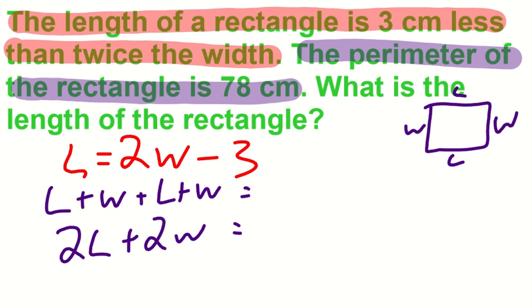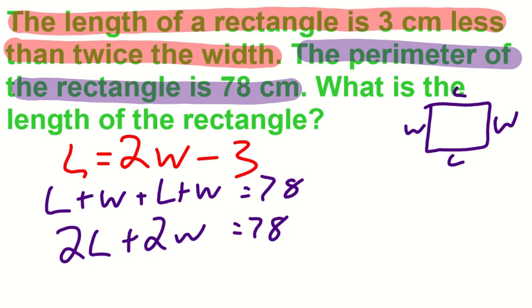Marcos, what's the purple equation equal to? Jaden? Yeah. It's the perimeter. So the perimeter is 78, so either of those would be 78. Okay? Everybody okay with those equations?